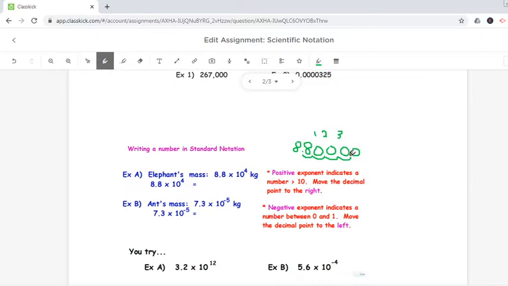So we have the decimal right there. So let's see. I'll write that out again. So that's 8, 8, and 3 zeros. 1, 2, 3. And then with 3 zeros, we do a comma. So that's 88,000.